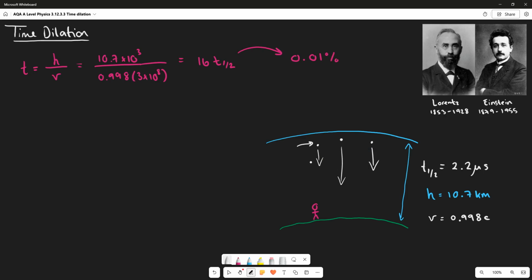If we calculate it from the point of view of the muon, then we see something very different. We need to use the equation for time dilation. And we'll be using proper time because the muon is now the object that is stationary. So from the point of view of the muon, we have this equation.